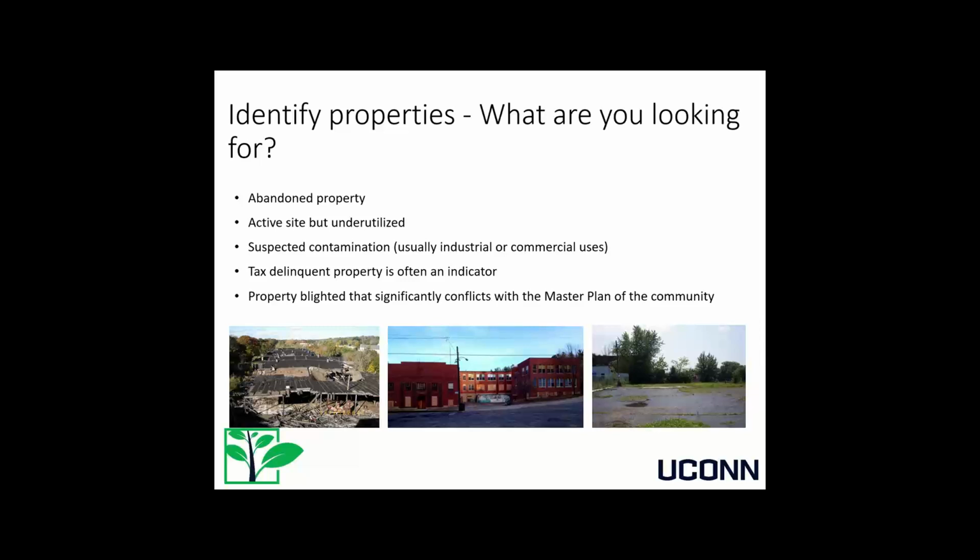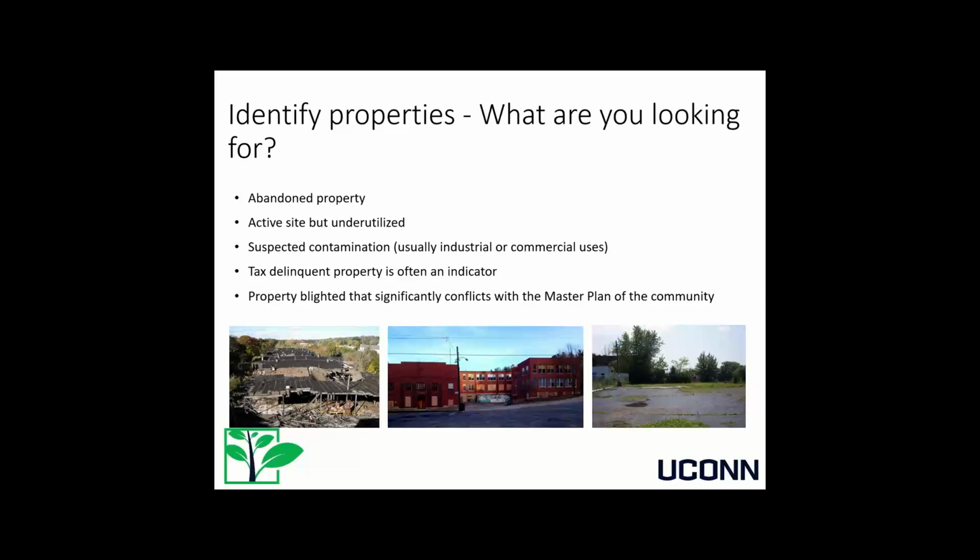Another indicator that we often see in the brownfields world is tax delinquency. In many cases, when there is a privately owned site that meets the criteria of being abandoned or underutilized and contaminated, we often see that the owner does not pay taxes, so the property is tax delinquent. That is often an indicator to search and find more information about the site, and it's very correlated with brownfields.